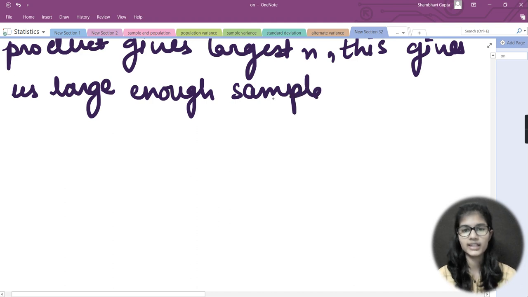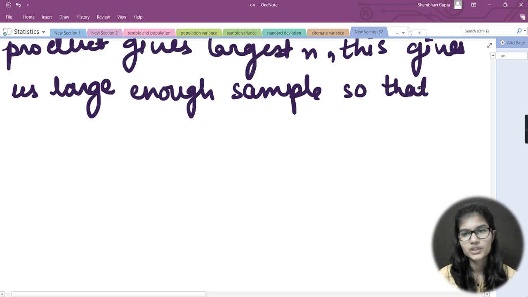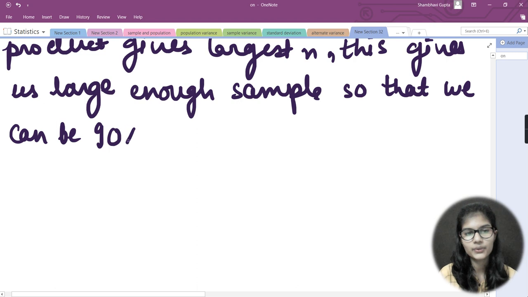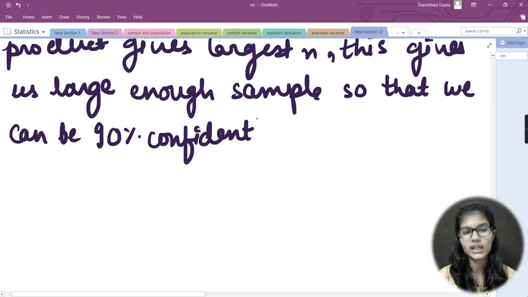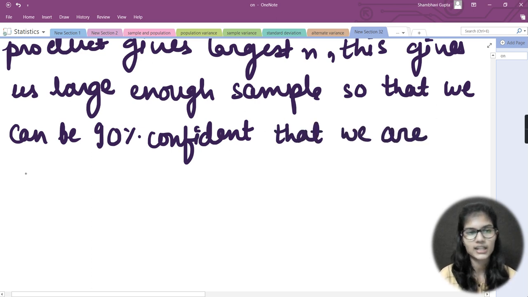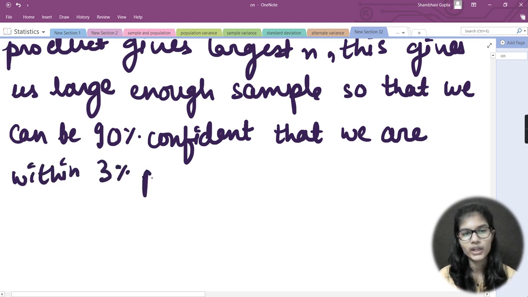If we have a large value for n, then my sample is large, and a large sample lets us be 90% confident that we are within 3 percentage points of the true population proportion.